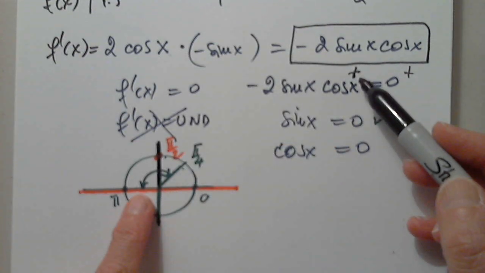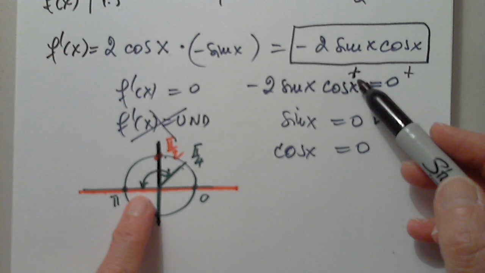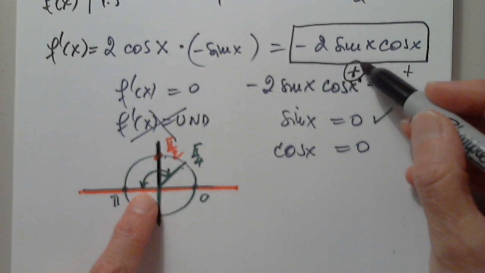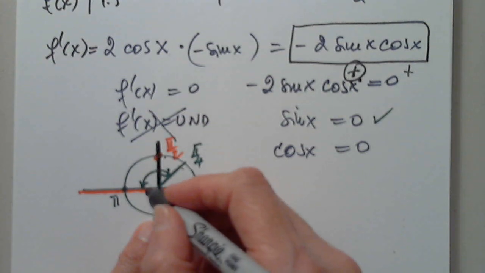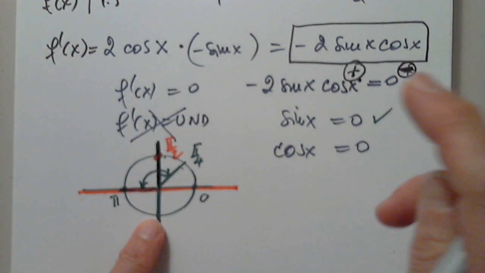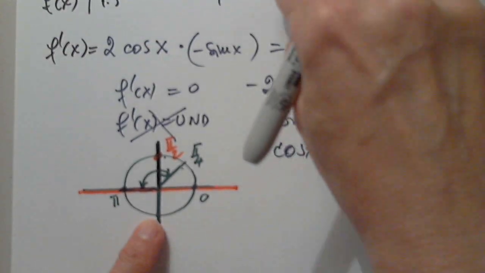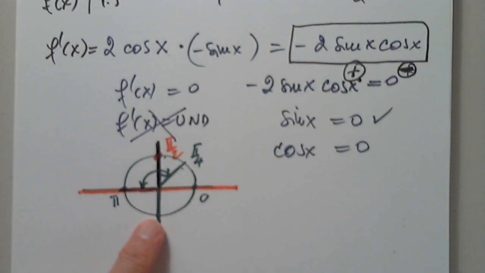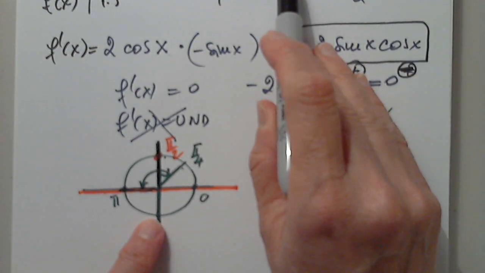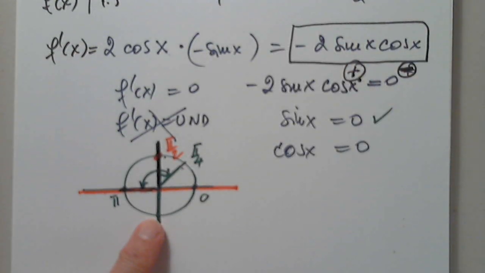So then sine has what sign in the second quadrant? Positive. Yes. What about cosine? Negative. Positive times negative times negative. What will be the sign? Positive. Excellent.